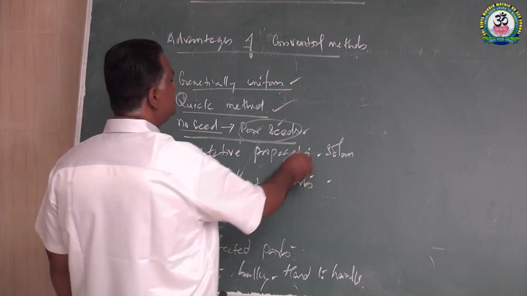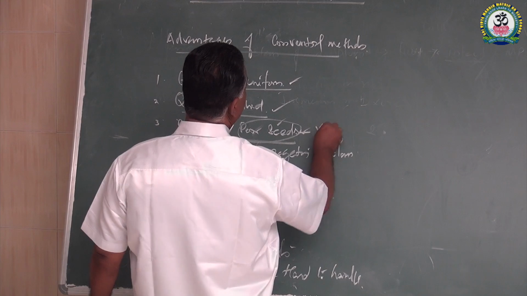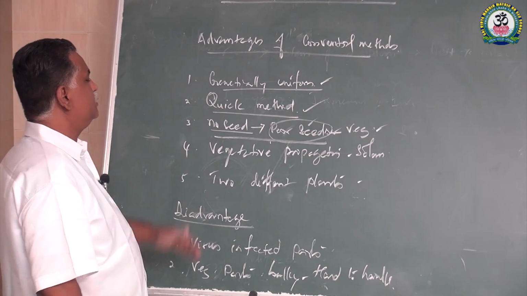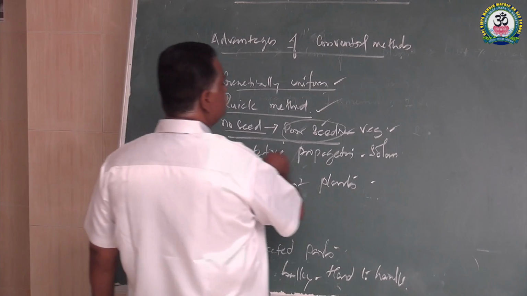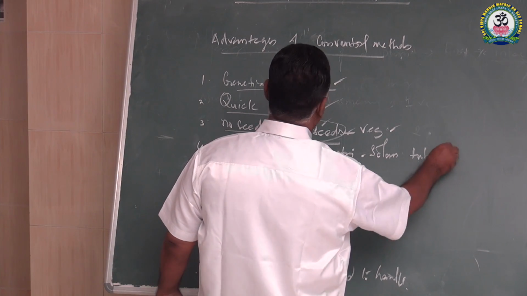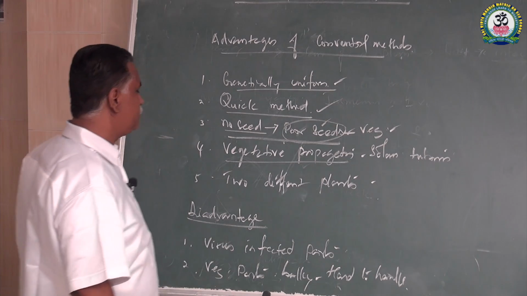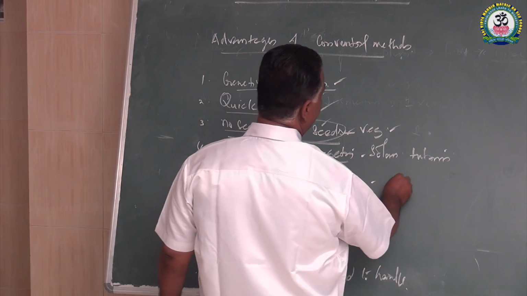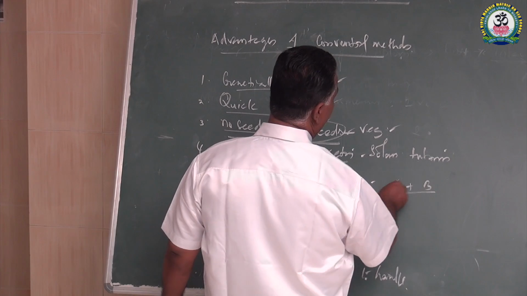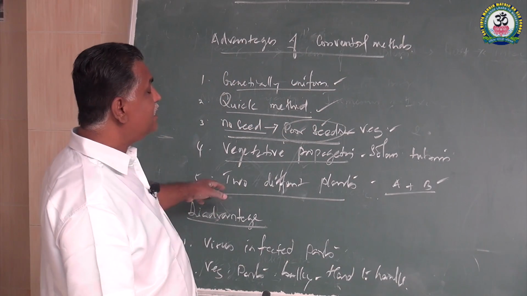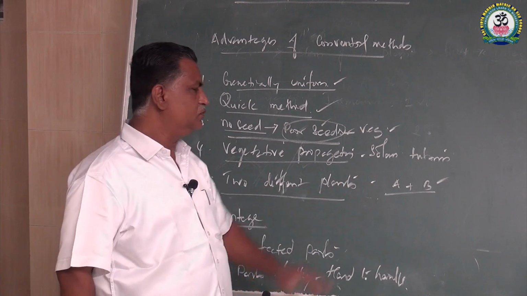In those cases, vegetative parts can be used for propagation through this method. Vegetative propagation of a plant like Solanum tuberosum is possible because of this method. And the fifth point: when two plants, plant A and plant B, are brought together and grown as a single plant, we get the characteristic features of both plants in it.